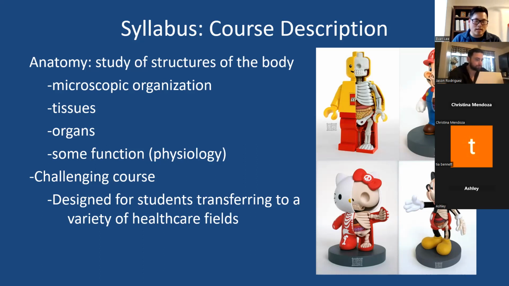And then just to tie everything together to some extent, we are going to be talking about a little bit of physiology. Physiology basically just means how does it work? So we're definitely going to talk about what is everything, where to find it, but knowing a little bit about why it's there and how it works is really helpful for putting everything together.